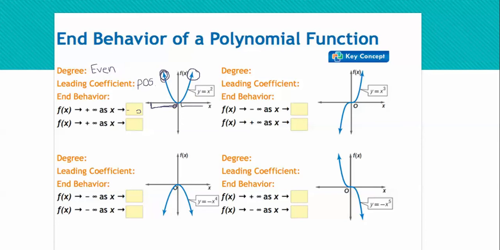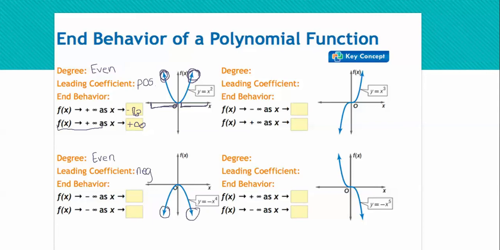Now when x is positive, on this side, x is positive infinity, your end is still going up. So that's what this f of x means, it's going up. And if my degree is still even, but now we have a leading coefficient that's a negative number, it means that my ends are both facing down.